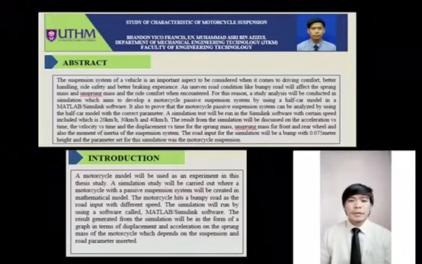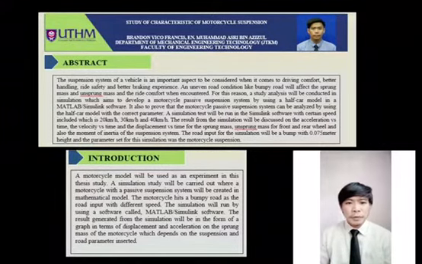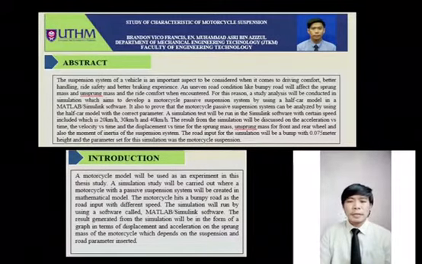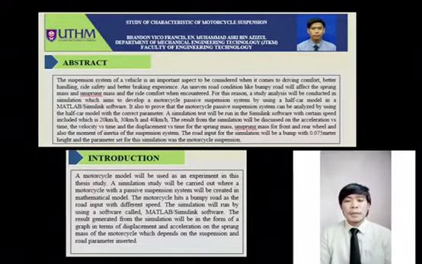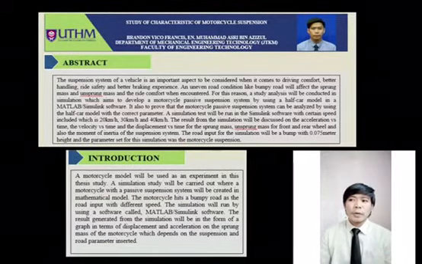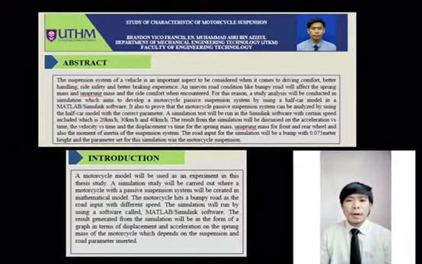And for the scope of this project, there are only 3 speeds of the motorcycle considered for the simulation, which are 20 km per hour, 30 km per hour and 40 km per hour. And there is only one single bumpy road considered for this simulation.